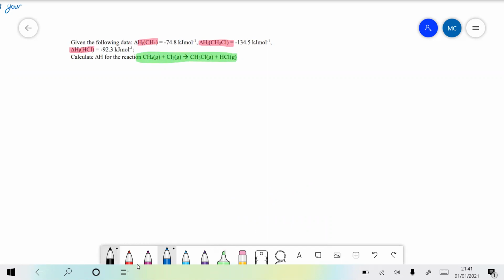So we will first write the enthalpy of formation of CH4, and this is carbon plus 2 hydrogens to give CH4, and this is minus 74.8 kilojoules per mole.